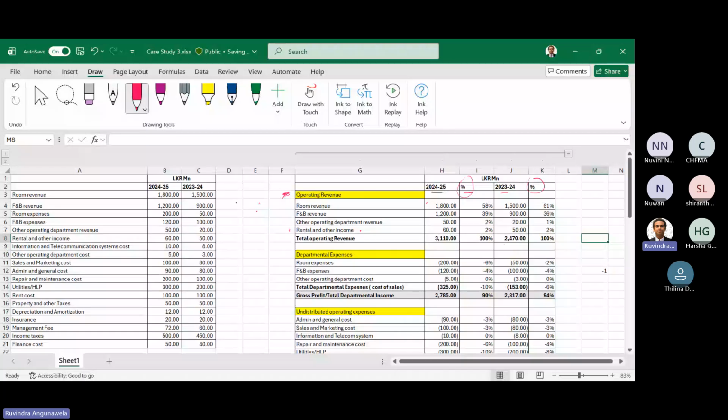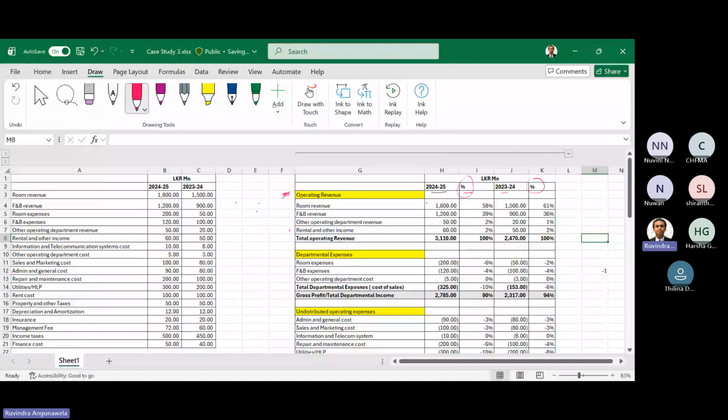Of course, you didn't see this line appearing under the USALI P&L structure, which is a standardized structure, but there will be variations like this that you will come across when you work across different organizations, different countries. So you have to club it in the most appropriate place, right?